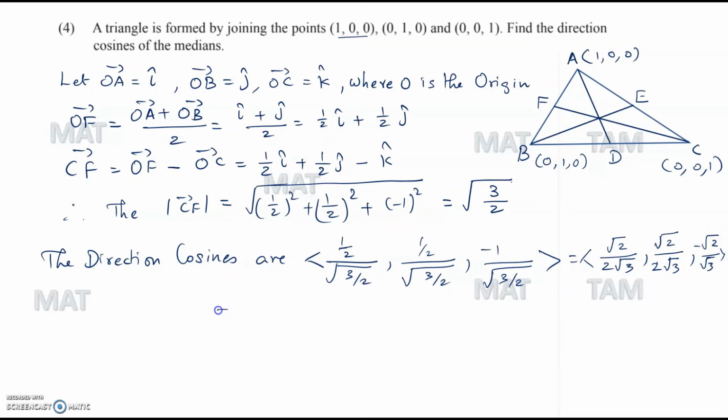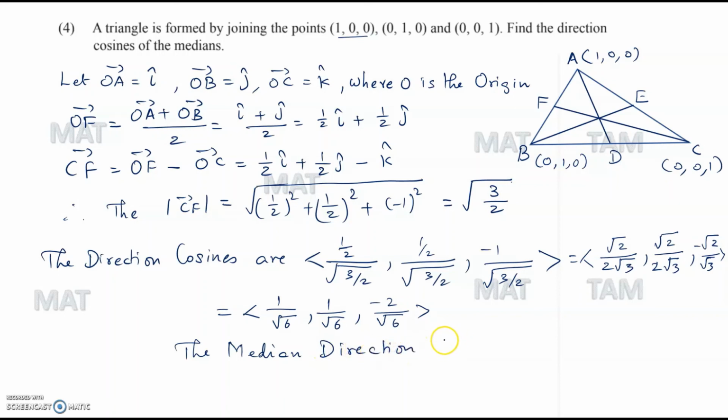Further simplifying this, just as the previous ones, we will get this as 1 by root 6, comma, 1 by root 6, comma, minus 2 by root 6. So that's the direction cosines of the median CF.